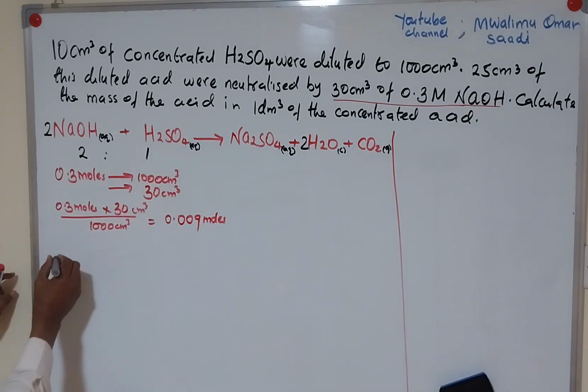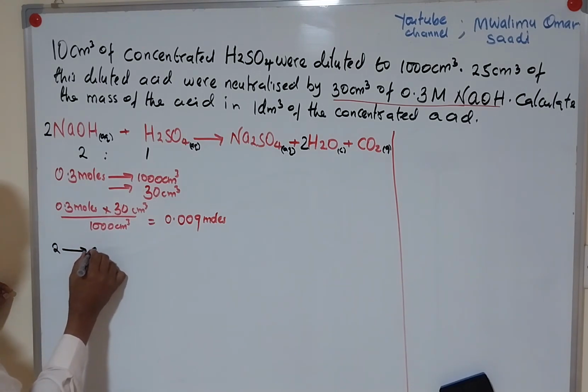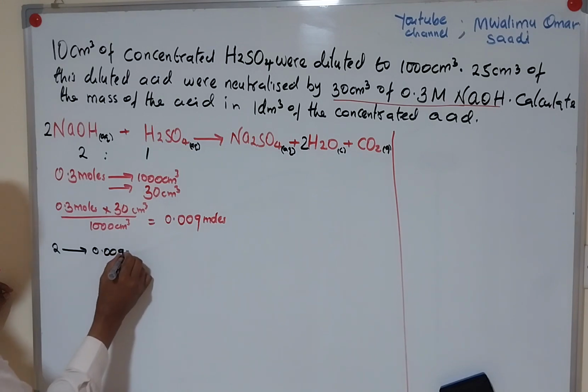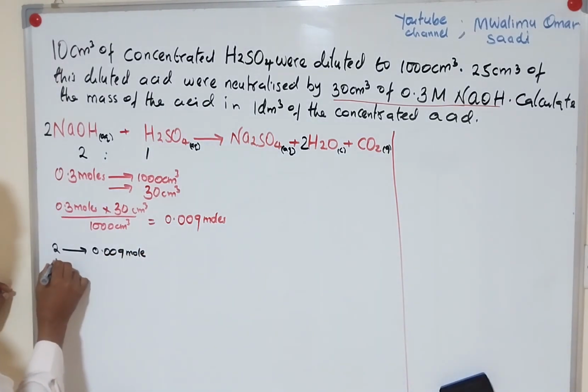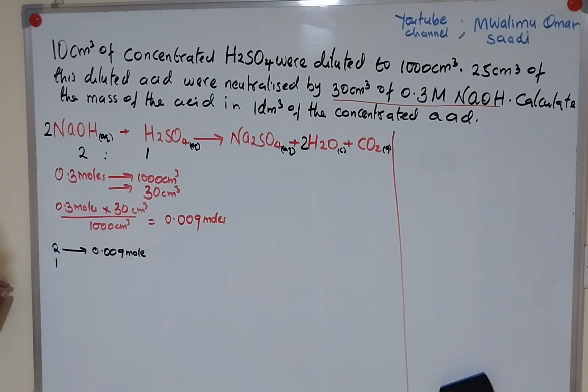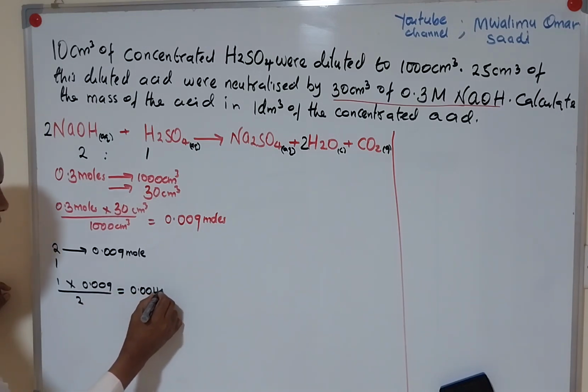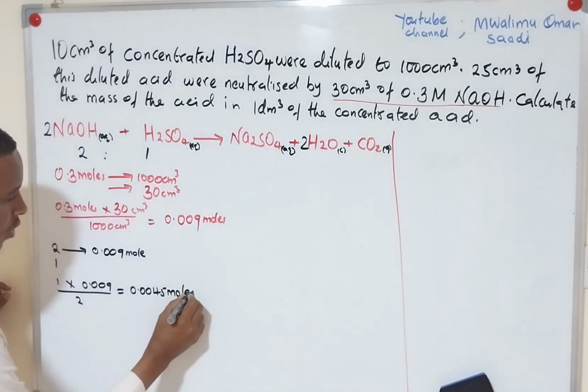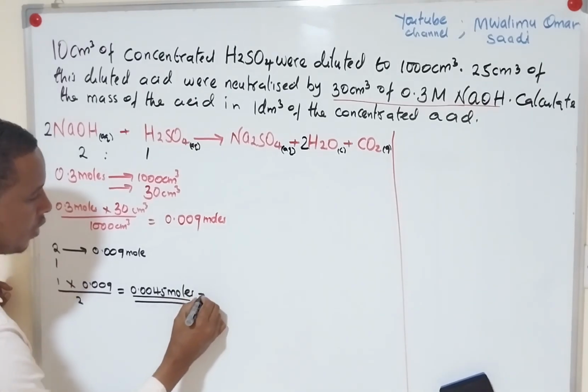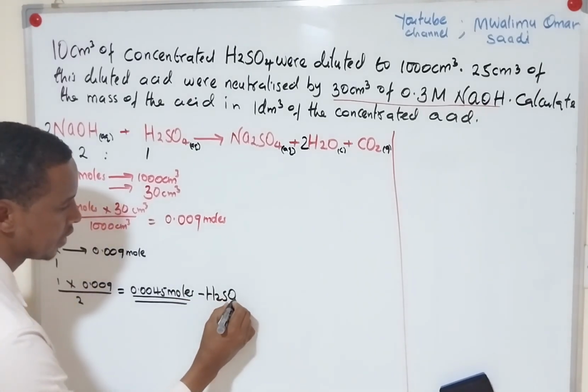That one will say if 2 is equal to 0.009 moles, how about 1? So that will be half of 0.009. So that is 1 times 0.009 all over 2, which will give us 0.0045 moles. So that is the moles of sulfuric acid.